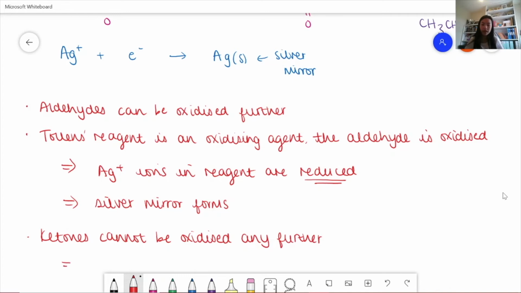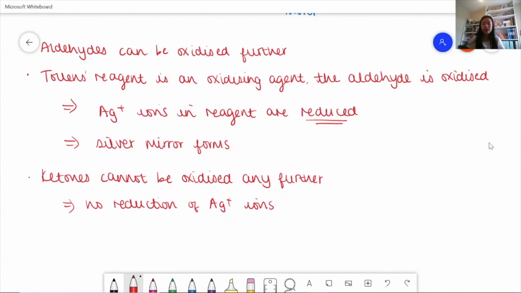And so what we get is no reduction of these Ag plus ions in the reagent, and so we don't get any silver mirror. This is how we distinguish between aldehydes and ketones, because when we add Tollens reagent and warm the mixture, aldehydes will form a silver mirror around the test tube, whereas ketones won't.